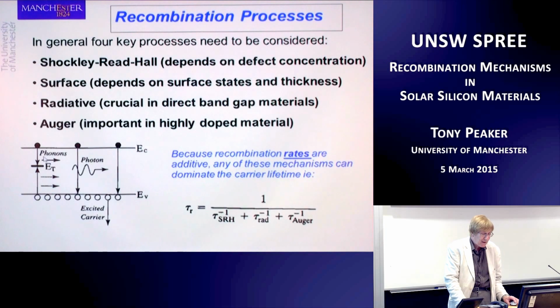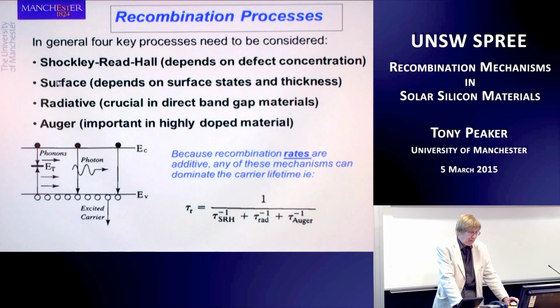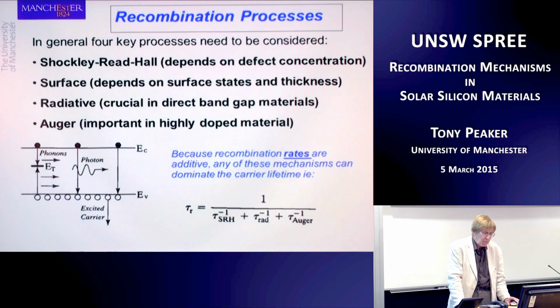And the energy is dissipated by phonons, and of course it takes away from your generation of carriers in your solar cell. Surface recombination is also very important. It depends on the surface passivation techniques. Sometimes it depends on what impurities you've got, so it's a sort of surface variant of this process here.